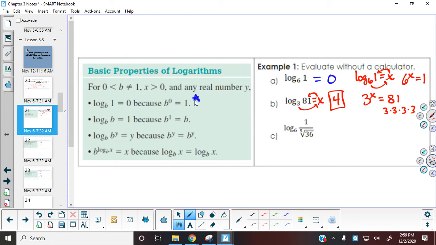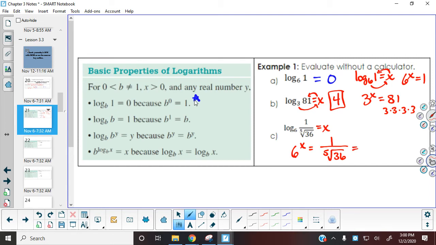If we look at the last one, it gets a little ugly. We're going to set it up equal to x, so then we can rewrite this to be 6 to the x power equals 1 over the 5th root of 36. Now for some of us, that's like, what's just happened? That looks really ugly. And so what we would need to do is take this apart a little bit.